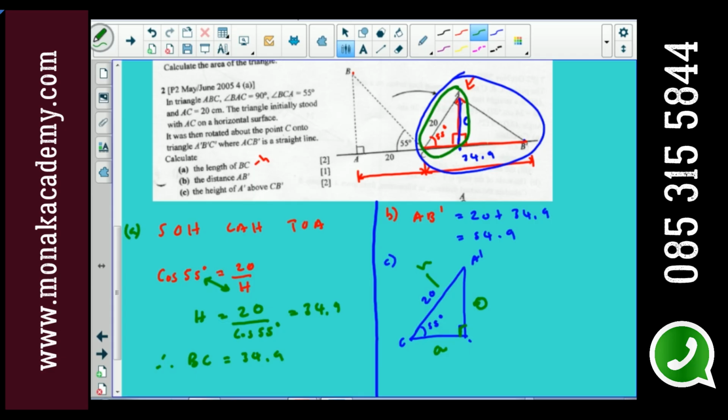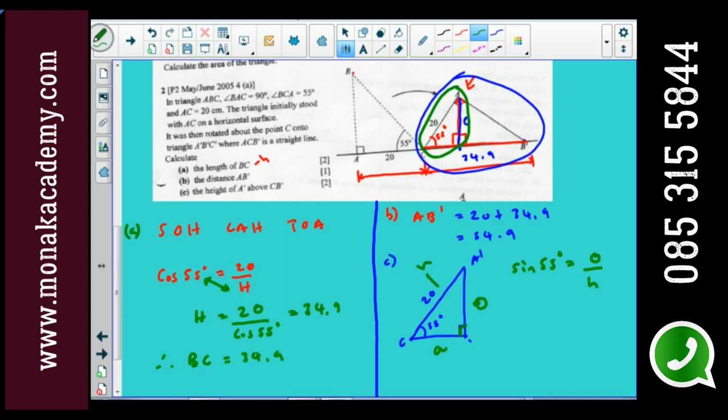So now that we want opposite and we have hypotenuse, so O and H, which one are we going to use? Sin. So sin 55 degrees equals opposite over hypotenuse.